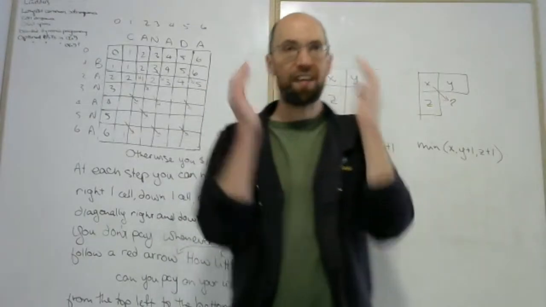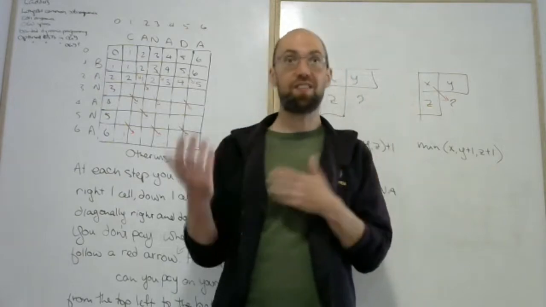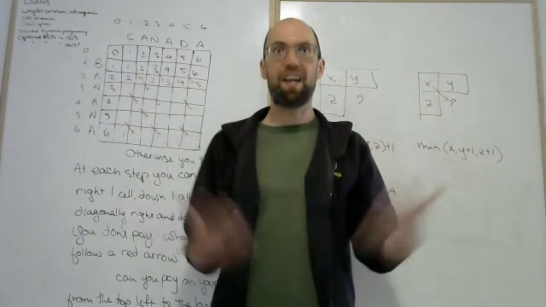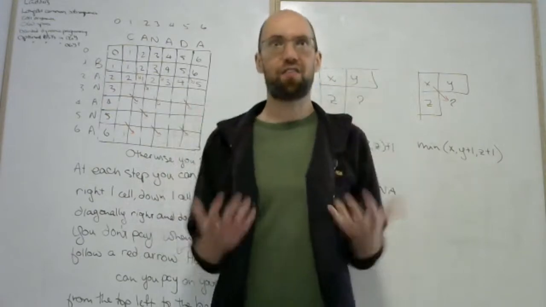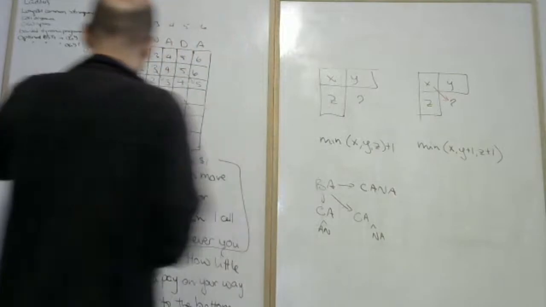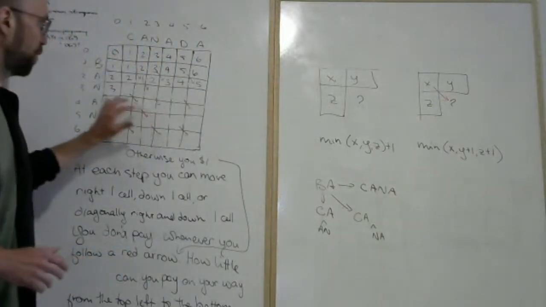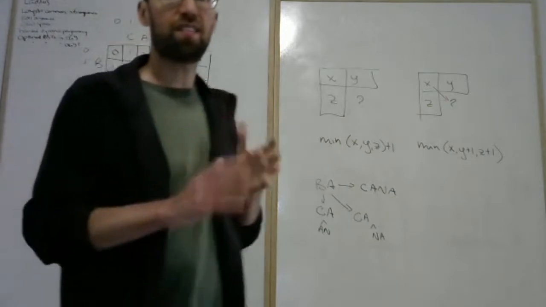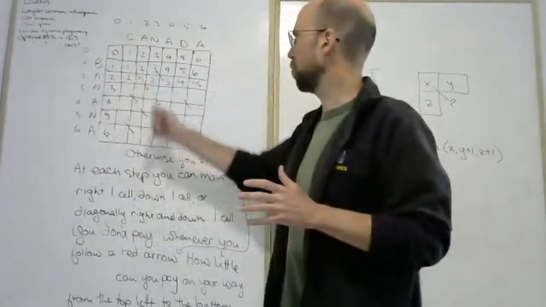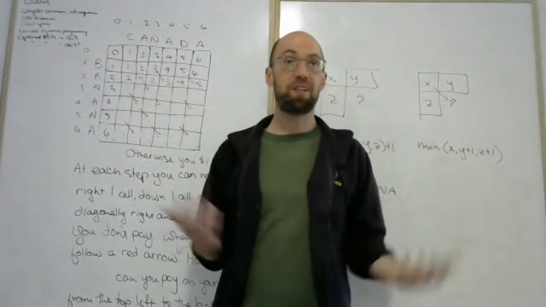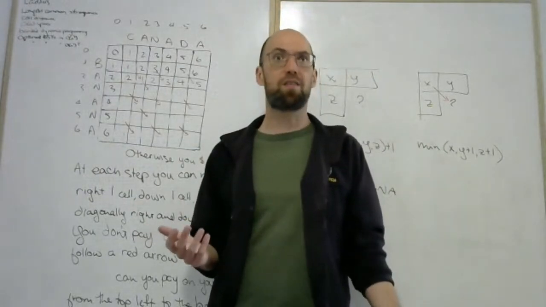So the edit distance has to be at least the distance from the diagonal, because you at least need enough edits to make the lengths the same. So everything that's far off the diagonal has high cost. All of these entries that are way off the diagonal have to be big.